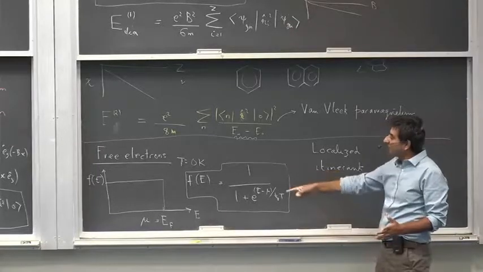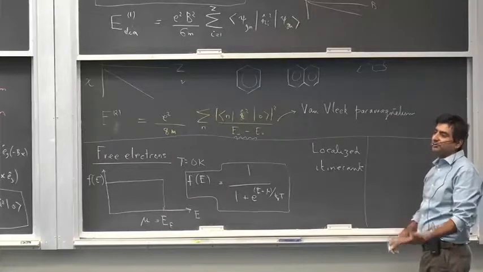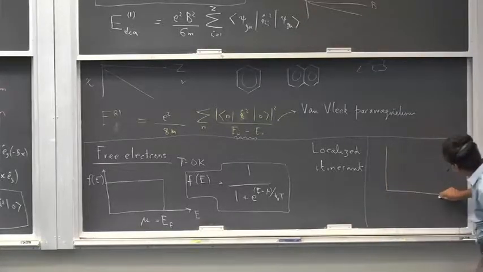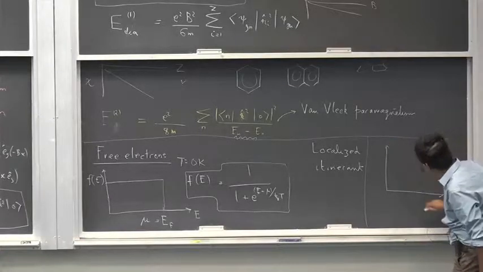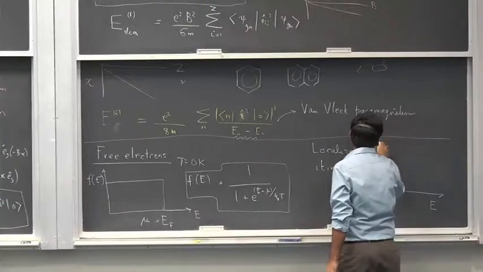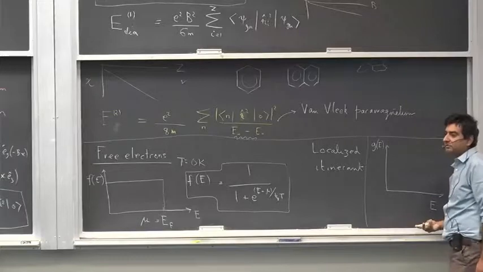So one, we know the Fermi Dirac distribution. The second thing that we do know is the density of states concept. So the density of states means that if you have an energy E, how many states are available for the electron?